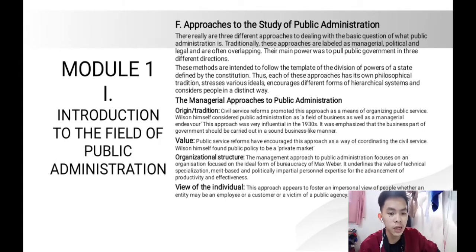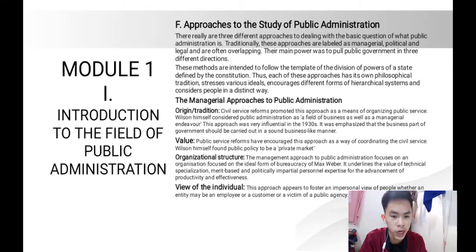It was emphasized that the business part of government should be carried out in a sound business-like manner. We have, of course, the values of the managerial approach. Public service reforms have encouraged this approach as a way of coordinating the civil service. Wilson himself found public policies to be like the private market.